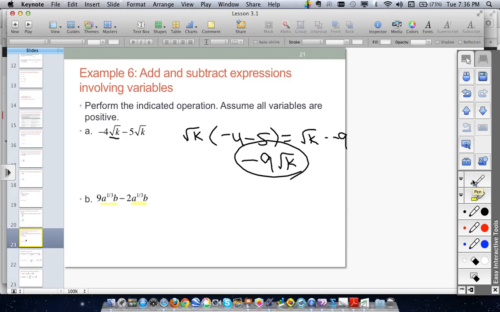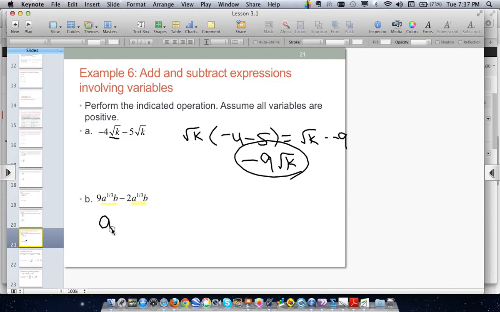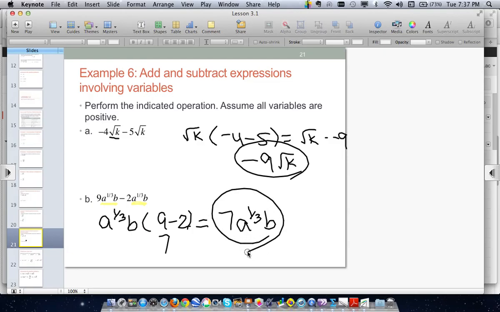So we want to go ahead and take that out and subtract what's left over. So 9 minus 2 is 7. Again, writing this in proper order, we put the coefficient first, and then we put our variables in alphabetical order. And there we go. As easy as that.